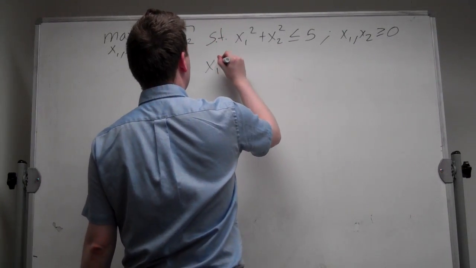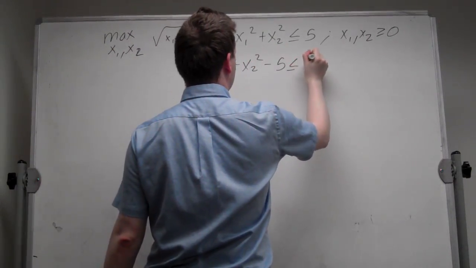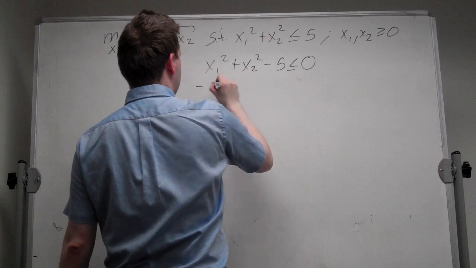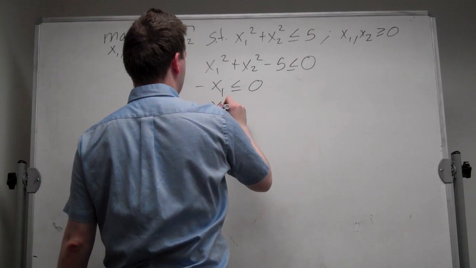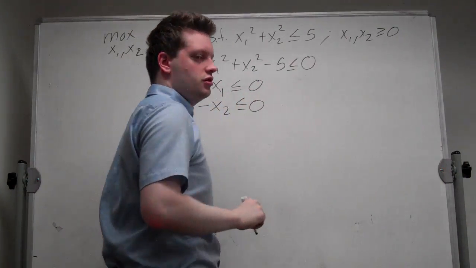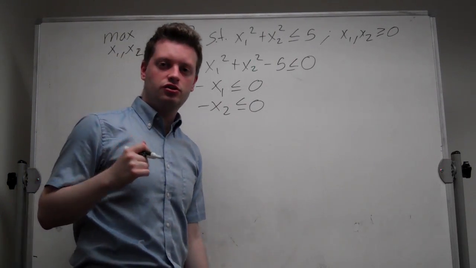So we have x1 squared plus x2 squared minus 5 is less than or equal to 0, minus x1 is less than or equal to 0, and minus x2 is less than or equal to 0. This allows us now to check the constraint qualification.